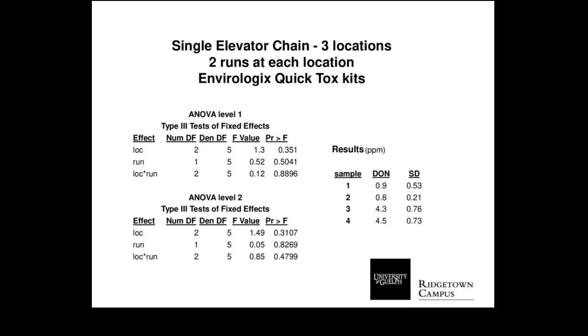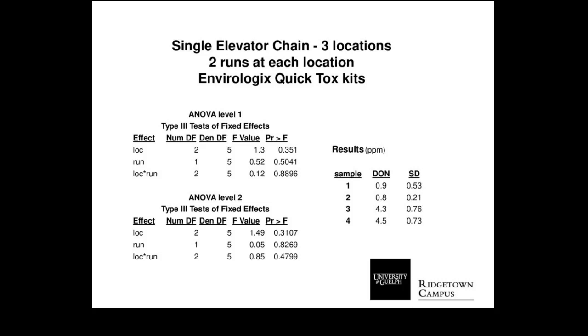And these analysis of variance tables, the most important number to look at is on the far right column, the PR greater than F, the probability of greater than F. Those are important numbers. And if they fall below 0.05, then the effect is significant.